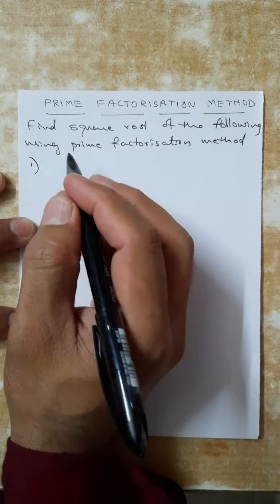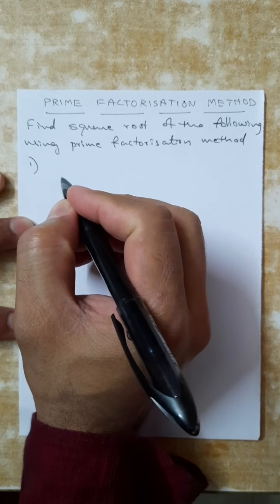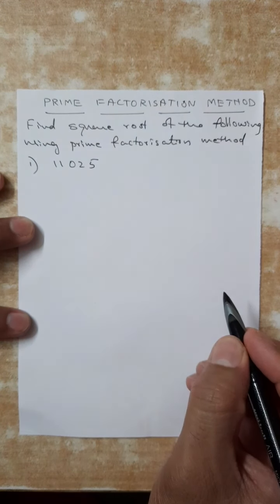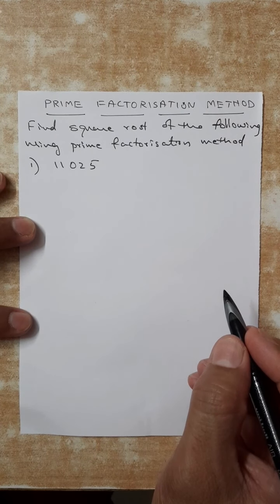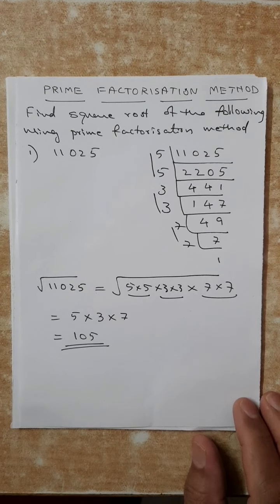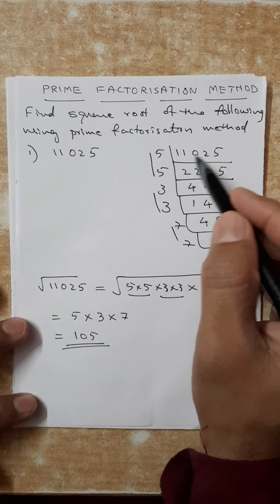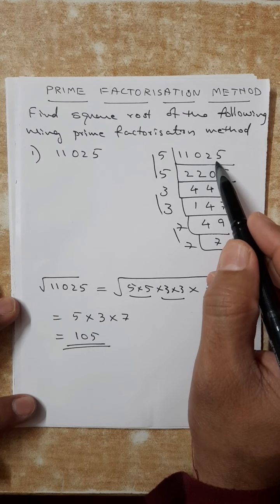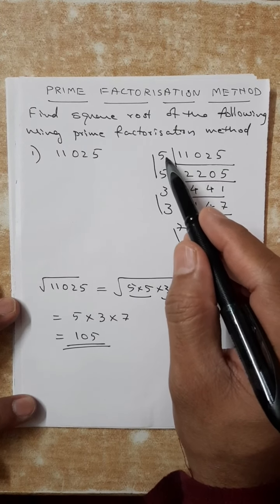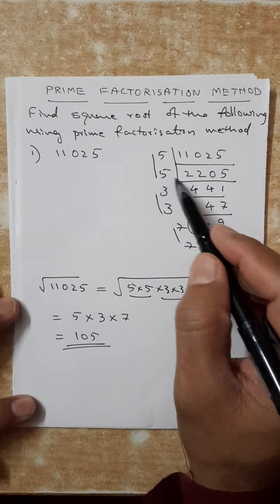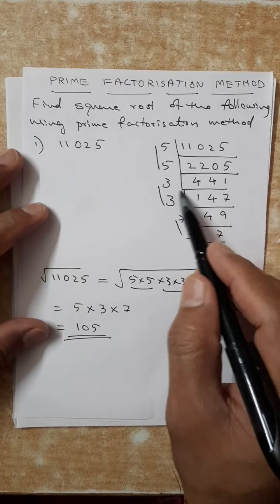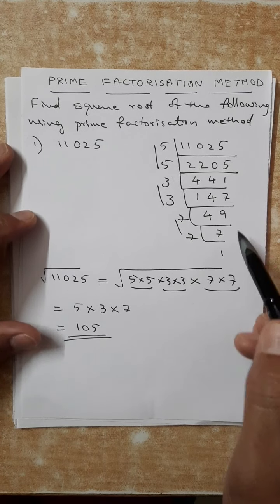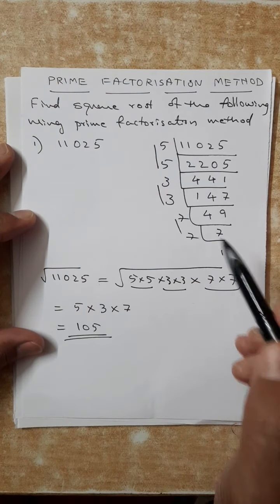First one, the number is 11025. First we can factorize with 5. 5 is taken, 2205, again 5 is taken, then 441, we can divide with 3, and so on. Prime factorization is done. Factors are 5 into 5 into 3 into 3 into 7 into 7.